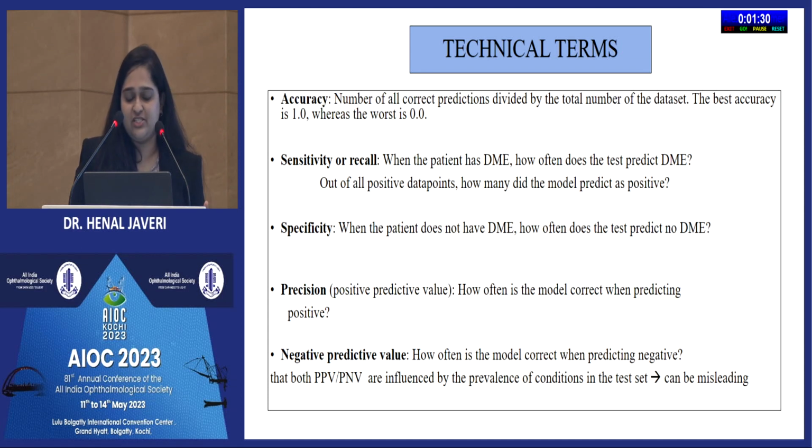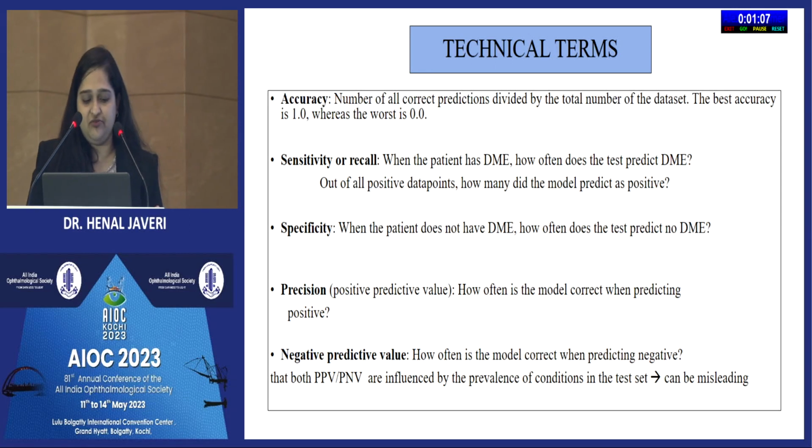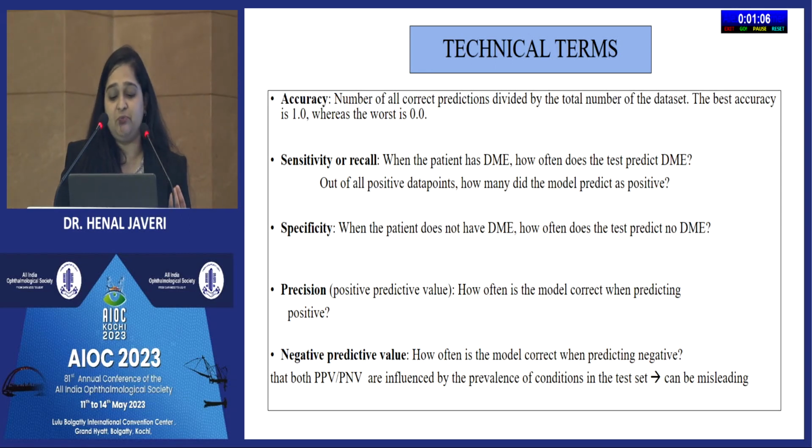Next being the specificity, that is when the patient did not have DME, how often was the test able to pick that up? Precision, that is the positive predictive value, talks about how often the model is correct when predicting positive, and negative predictive value talks about how often the model is correct when predicting a negative outcome. Both of these, that is the negative predictive value and the precision, depend on the prevalence as well, and therefore sometimes can be misleading.